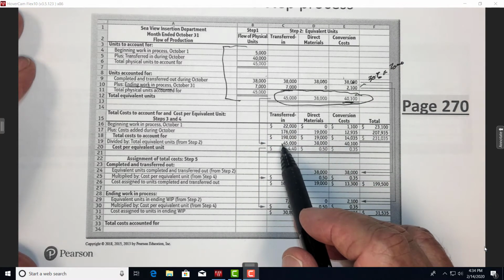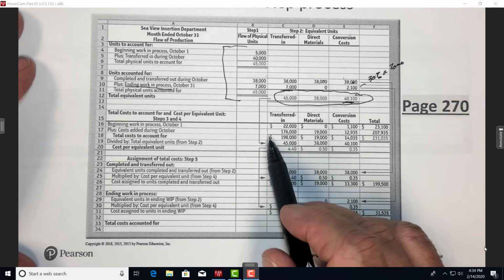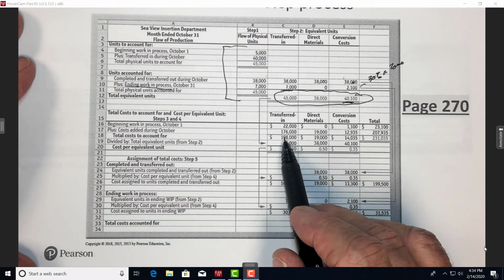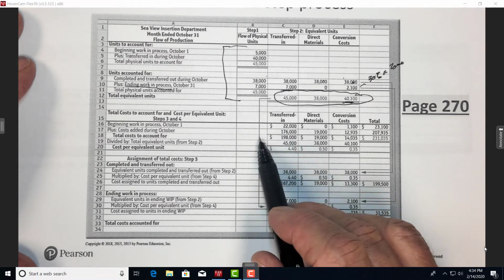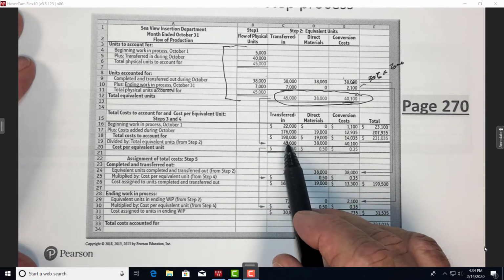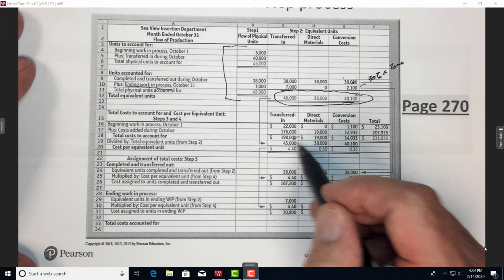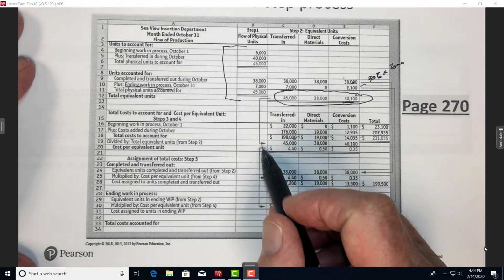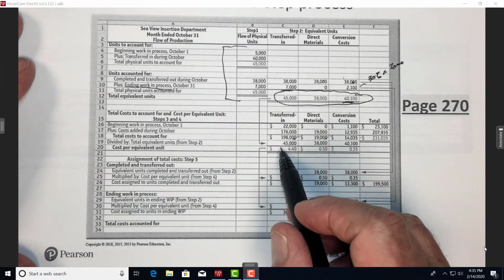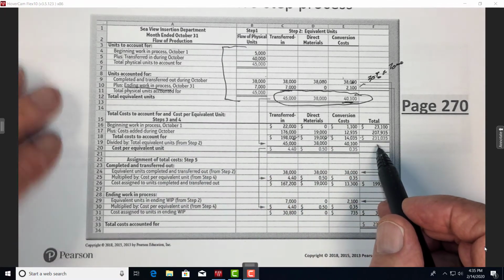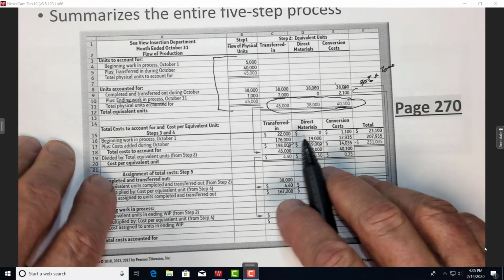So that conversion is 40,100. You bring these units down and divide it into the cost that you have to account for, the beginning inventory cost and the transfer cost in, divided by the number of units, and that's going to give you the cost per equivalent unit.